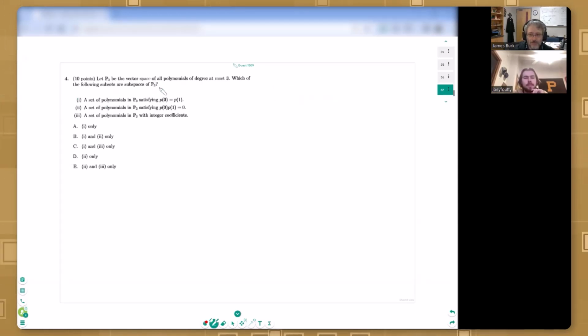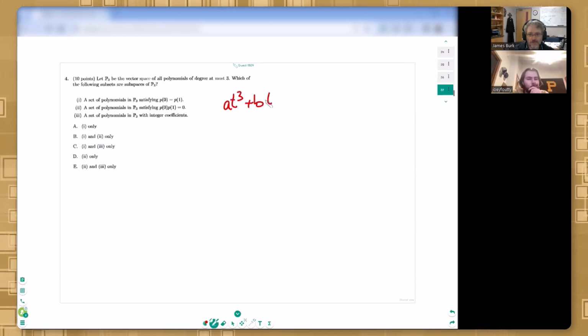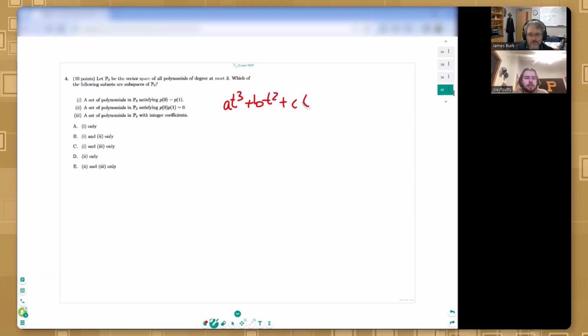Now, here's my recommendation. This problem, you see how it's kind of topsy-turvy? You're not really sure which direction it's going. Just write out a vector, a polynomial, something to give you the essence of the problem.